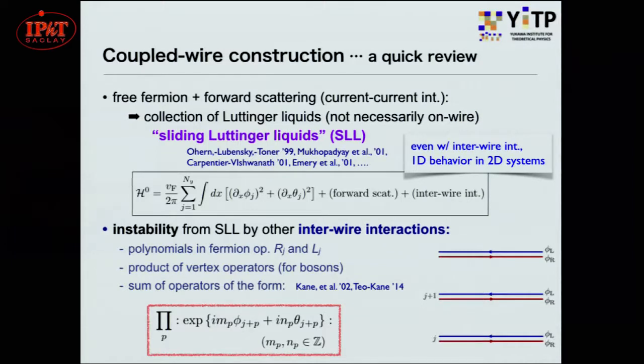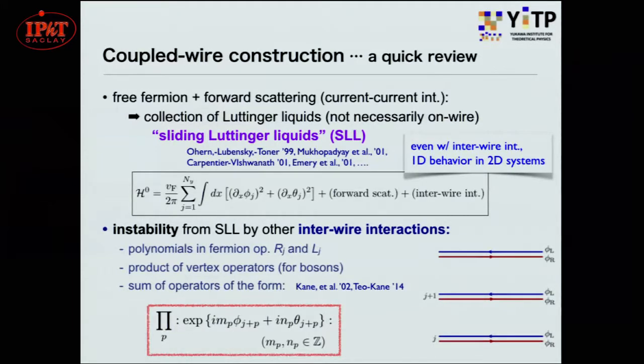This is the main point of the sliding Luttinger liquid. So now this interwire interaction, which is not written in terms of density-density interaction, gives some instability from the sliding Luttinger liquid fixed point.